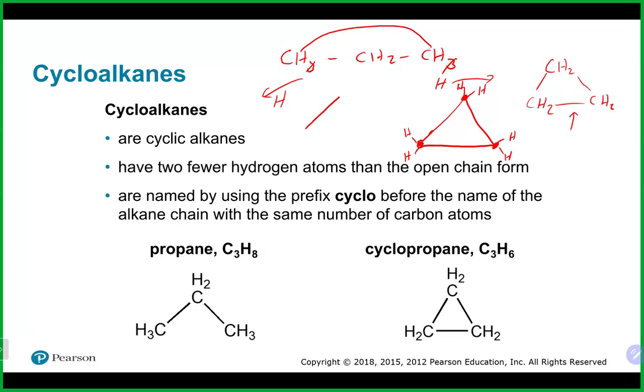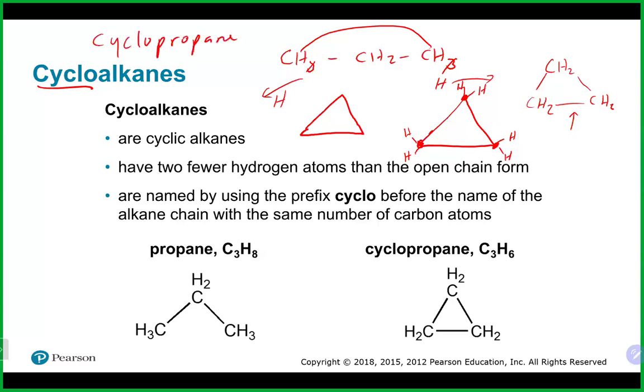Again, the line structures are typically just geometrical shapes. They are also, surprisingly enough, named after the alkanes. So this has 3 carbons. 3 carbons is propane. This is a ring structure, which is a cyclic alkane, so cyclopropane would be the name of this one.